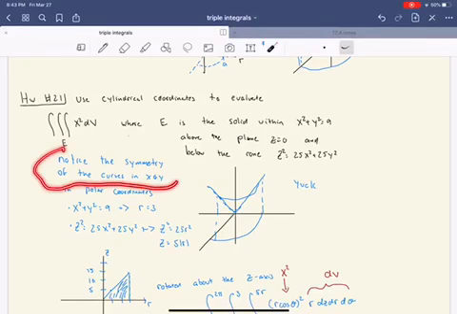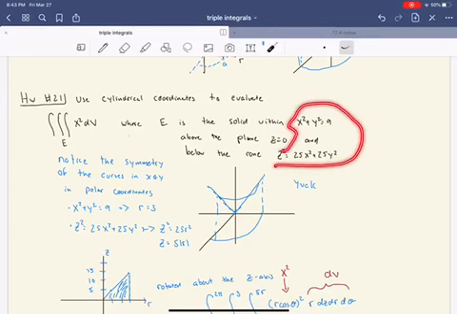But what I want you to do, notice the symmetry of the boundary. I should have said boundary curves in x and y. If I replace x and y, it's the same thing, right? Same thing here. The only place that breaks symmetry is in the thing we want to integrate, but that's not really important for us right now. I want you to notice the symmetry between x and y.